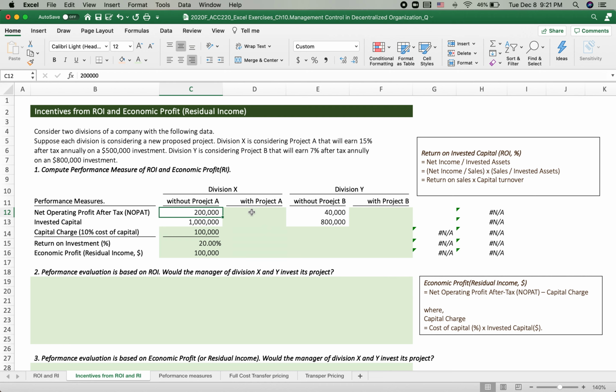If this division X decides to put the project A into the division X, then what would happen?